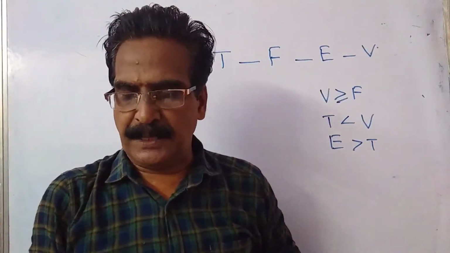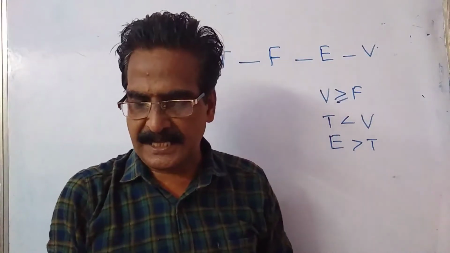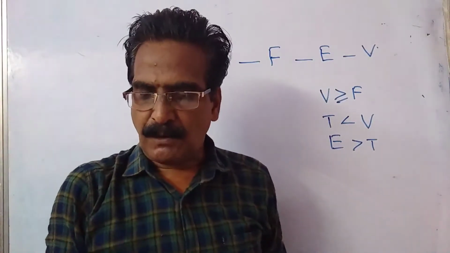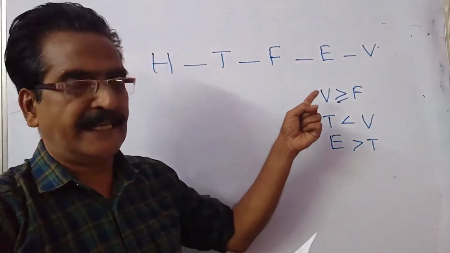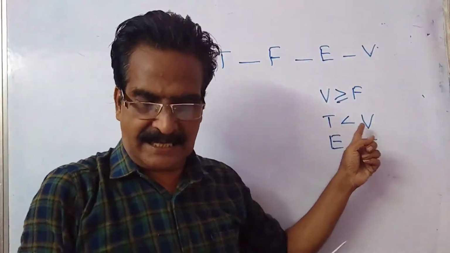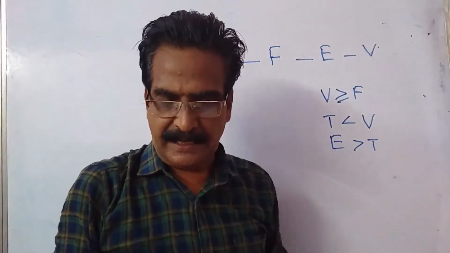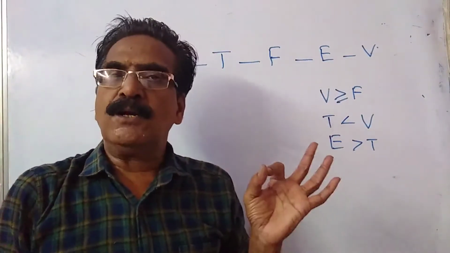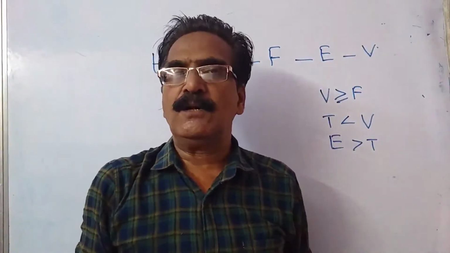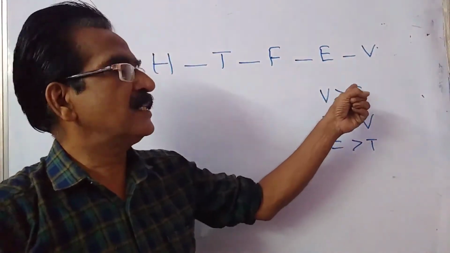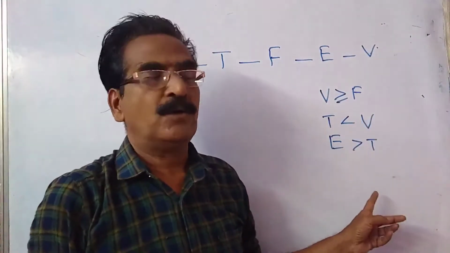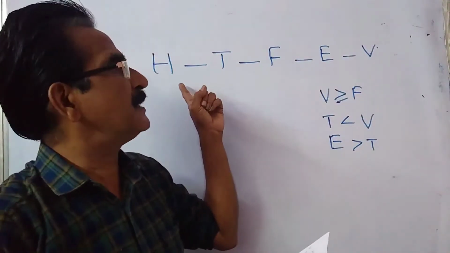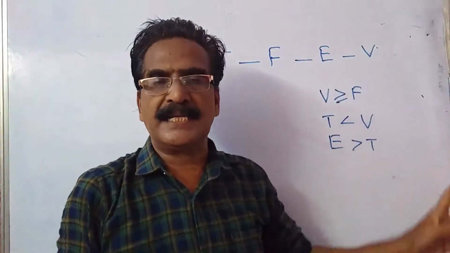Which of the given symbols can be placed in blank spaces such that all the three expressions V greater than or equal to F, T less than V, E greater than T definitely hold true? So if these three conclusions are true, what symbols can be placed in the blanks? That is the question we are going to do today.